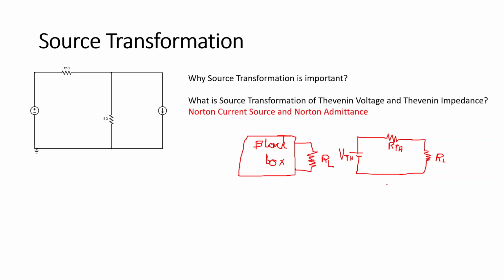Now applying source transformation to Thevenin's theorem, we can say that we can represent it as a current source in parallel with the same resistance, the Thevenin resistance, which is also equal to the Norton resistance, and the load.